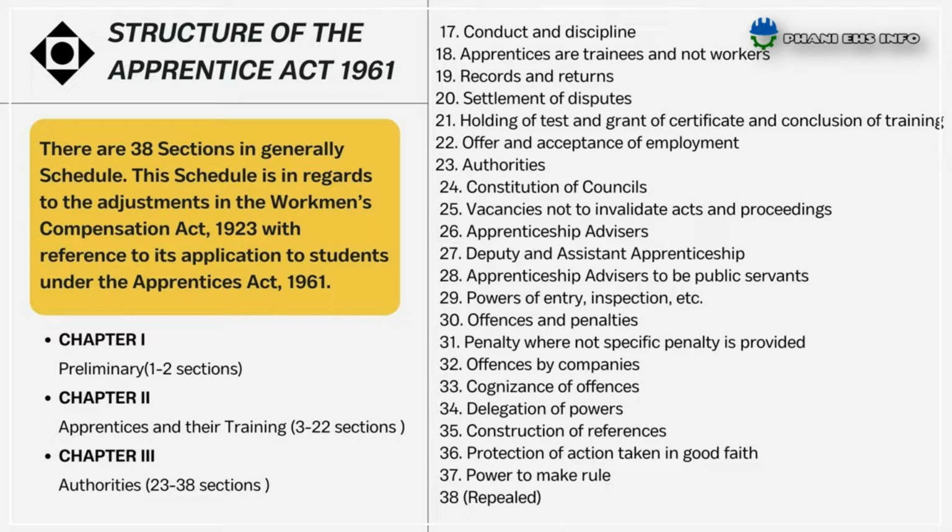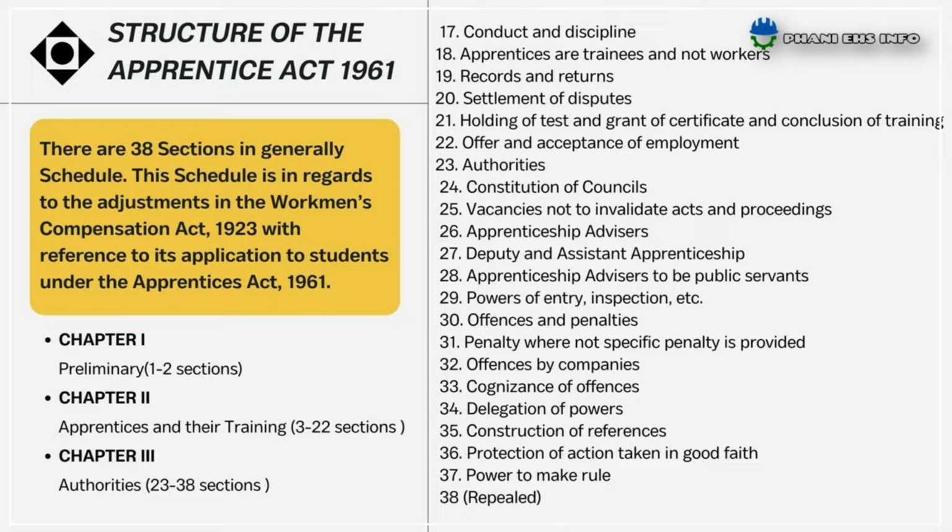Offences and penalties. 31. Penalty where no specific penalty is provided. 32. Offences by companies. 33. Cognizance of offences. 34. Delegation of powers. 35. Construction of references. 36. Protection of action taken in good faith. 37. Power to make rules.